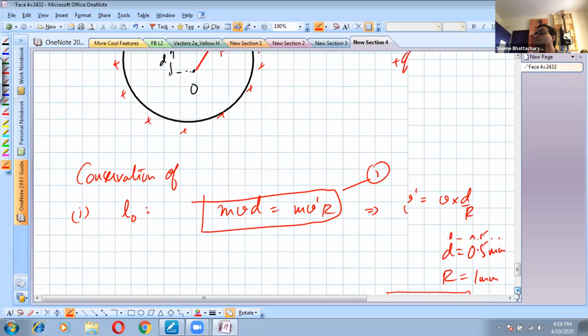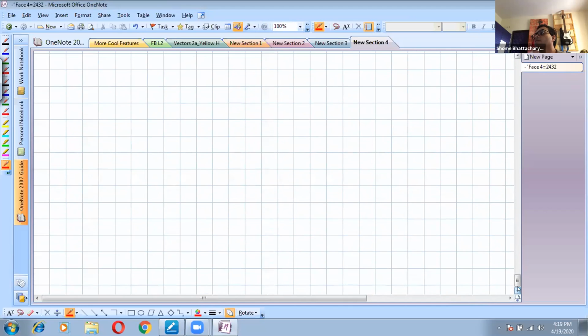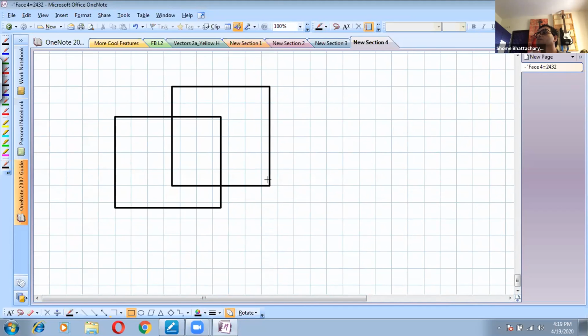So we want to relate the pressure exerted by a gas on its walls with respect to the kinetic energy per unit volume.